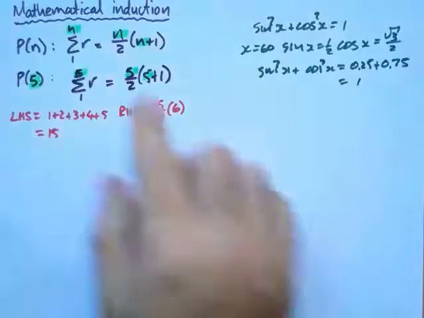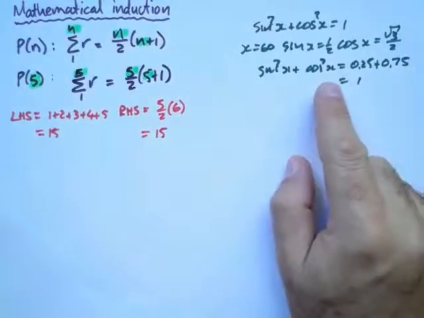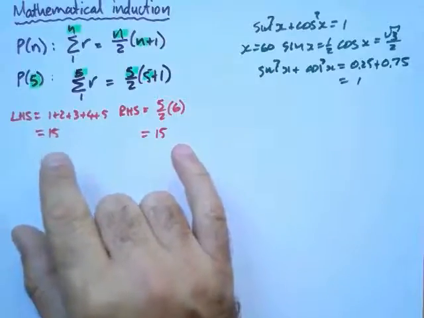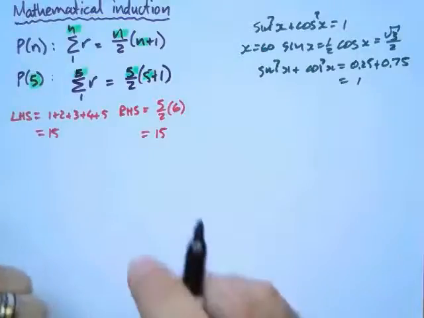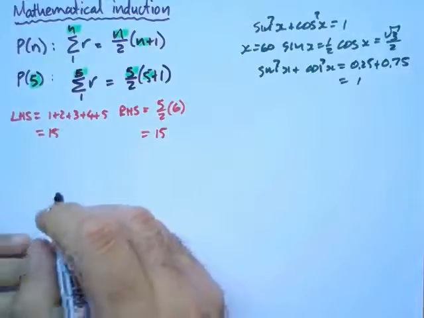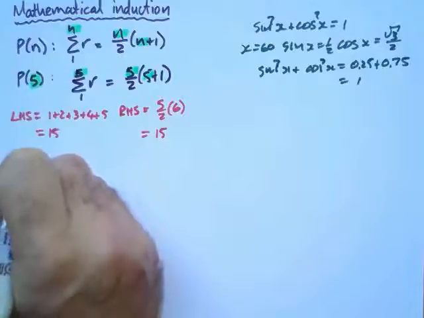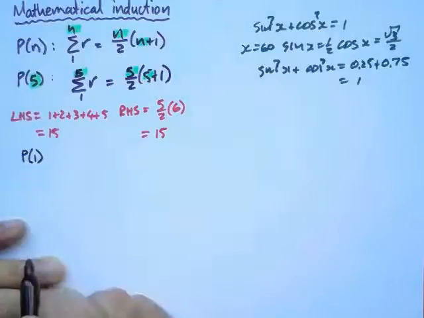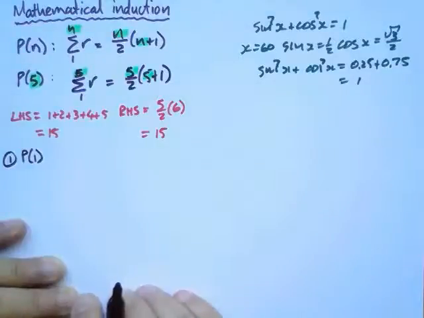Now that you know what the proposition means, just like we said in this case, you can't just chuck in any values. Mathematical induction states that a proposition is only true under the following circumstances. First of all, the proposition must be true when n is 1.